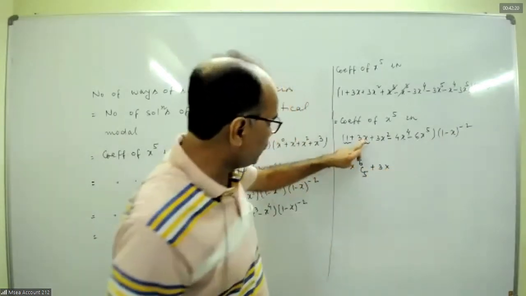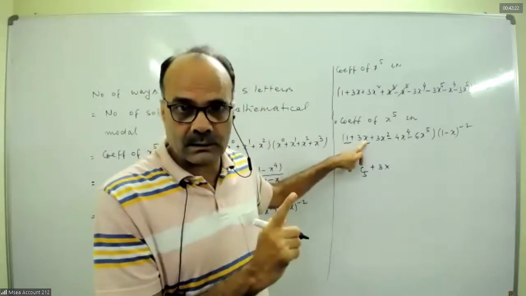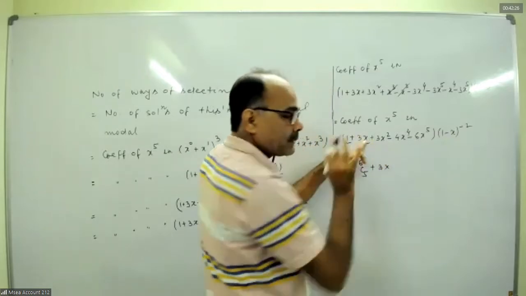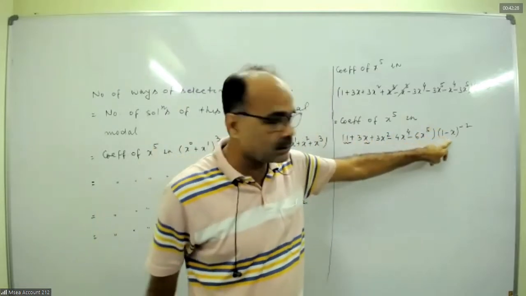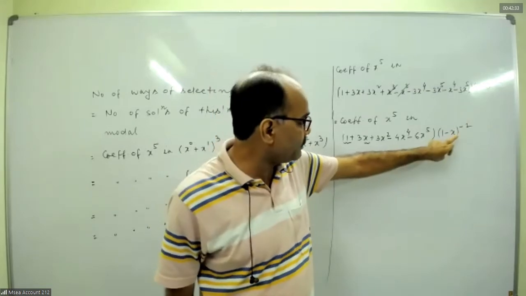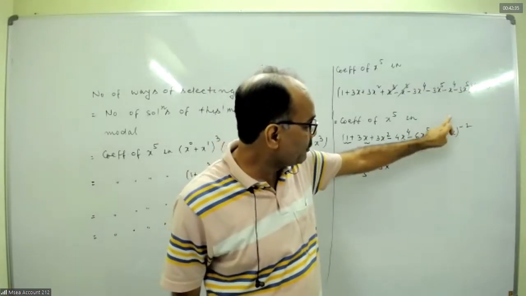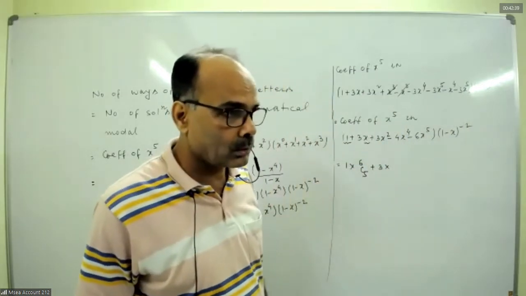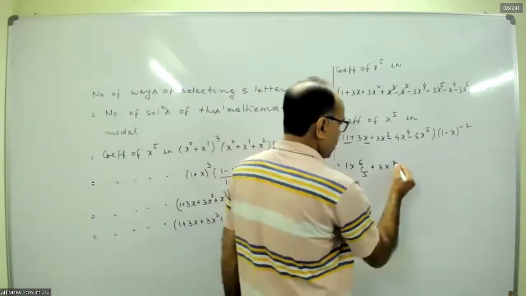The term containing x to the power 4. The coefficient of x to the power 4 is (4+2-1)C4, that is 5C4.